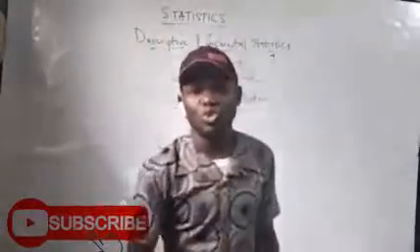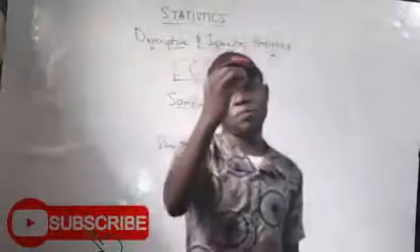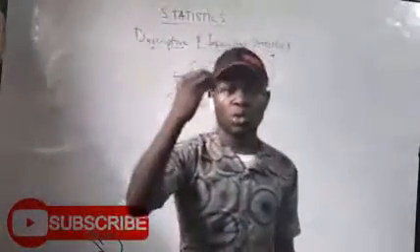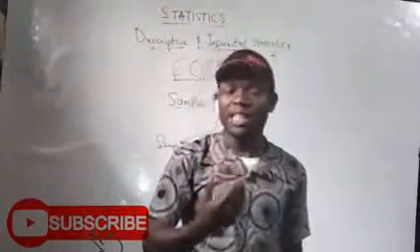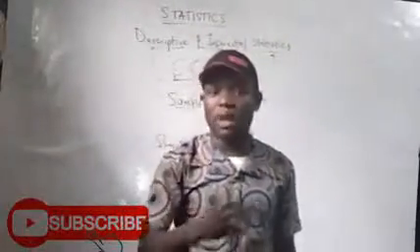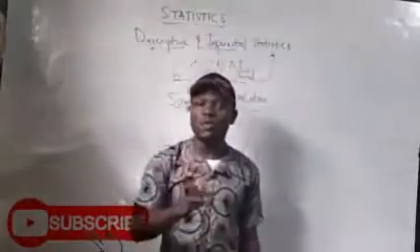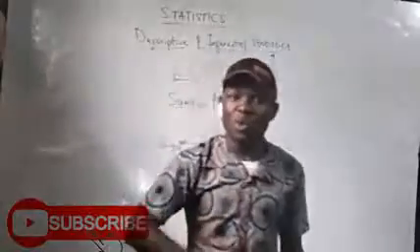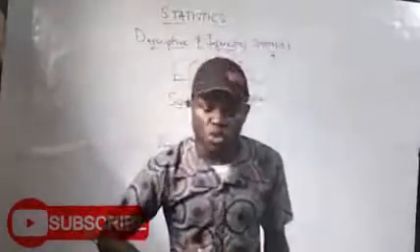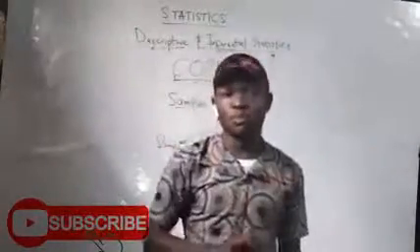So what it tends to do is that from our description, we can now draw a conclusion from it to judge the population. Like I said, it is tough for us to do the population. Perhaps I'm still going to make a video on sample and population for more insight. So it is tough for us actually to have to deal with population. So we go for sample. So when we draw a sample from a population, what we do is that we judge the whole population based on what we have in our sample.